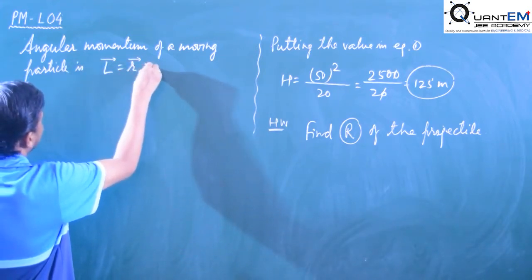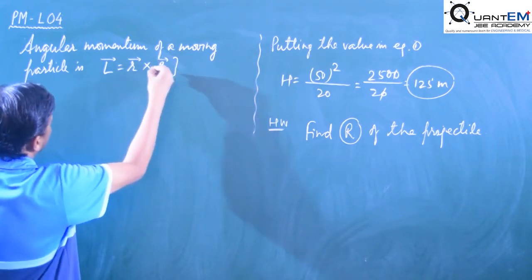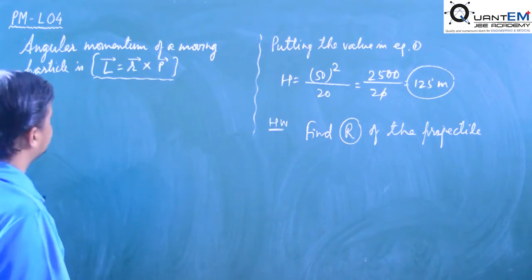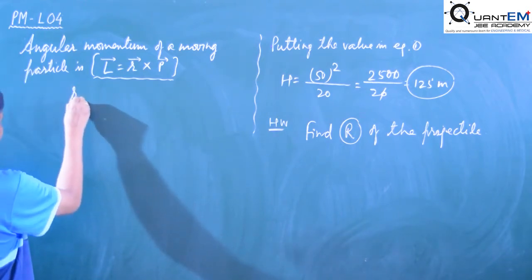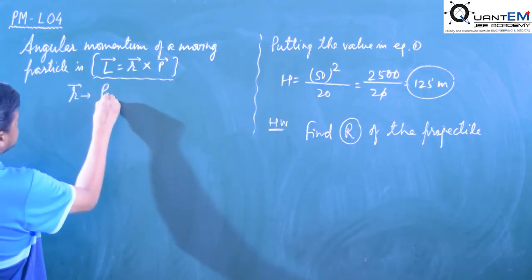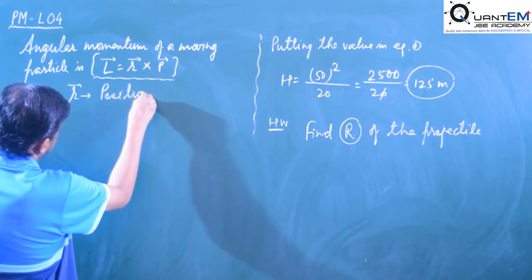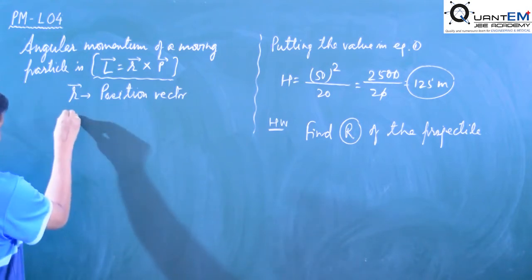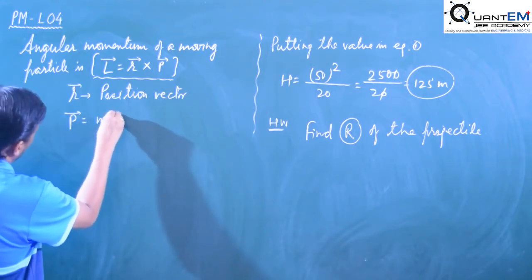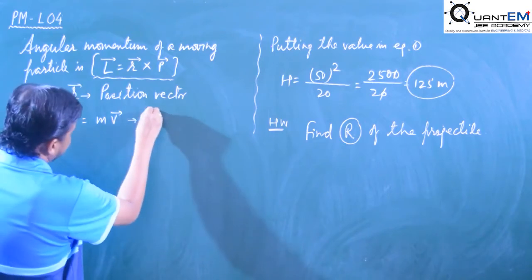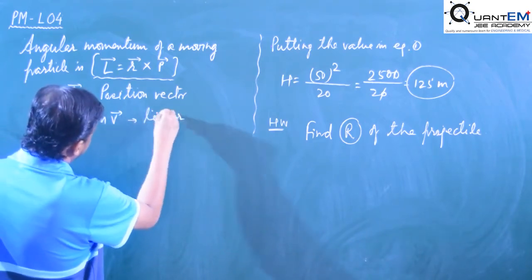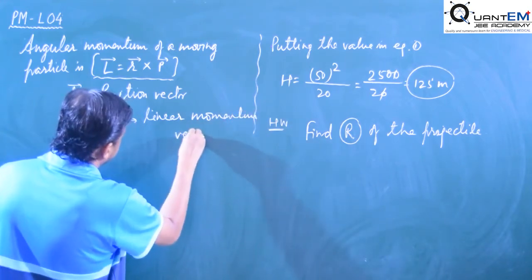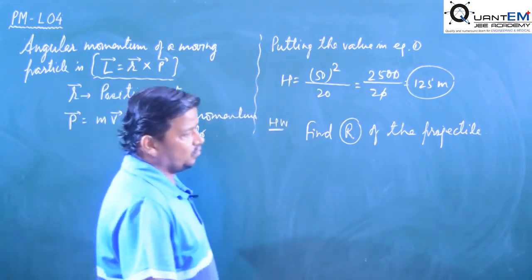It is one application of the cross product of two vectors, which you have done initially, where r is the position vector and p is mass into velocity, that is the linear momentum vector.